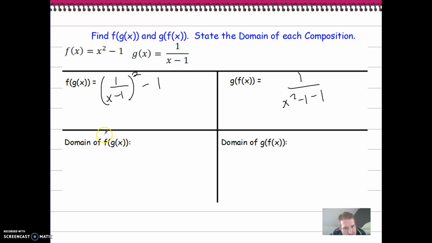Okay, so what is the domain of this one? So I'm squaring everything on this side. Squaring 1 is still 1. Squaring x minus 1 makes 1 over, let's see, x squared minus 2x plus 1.